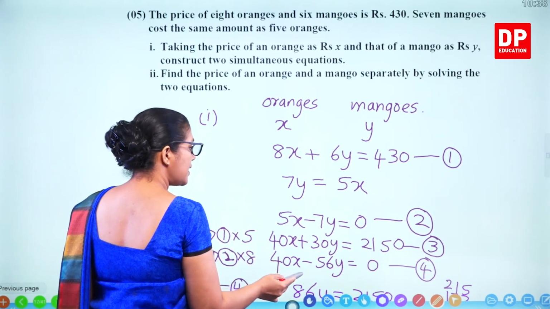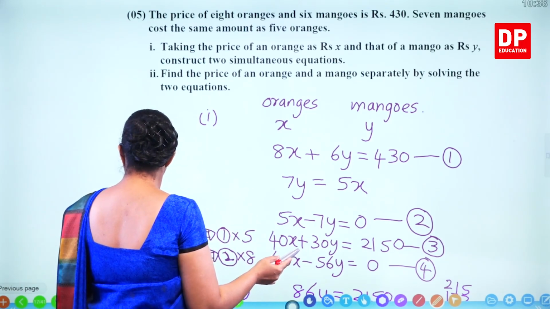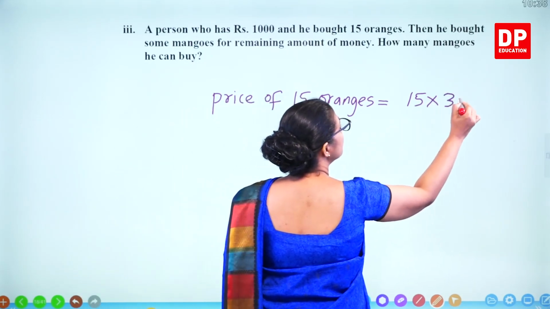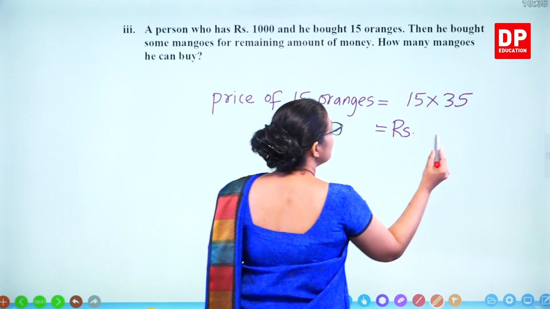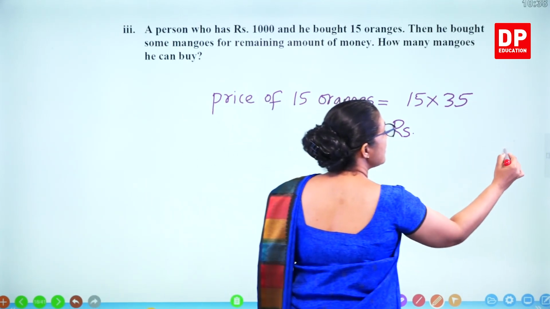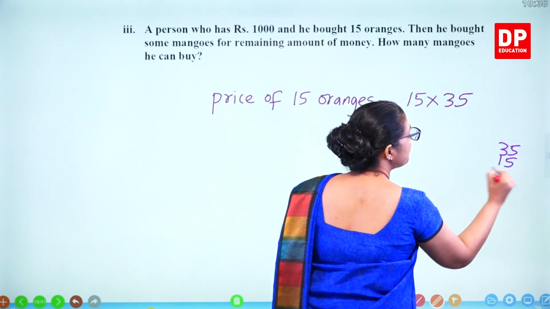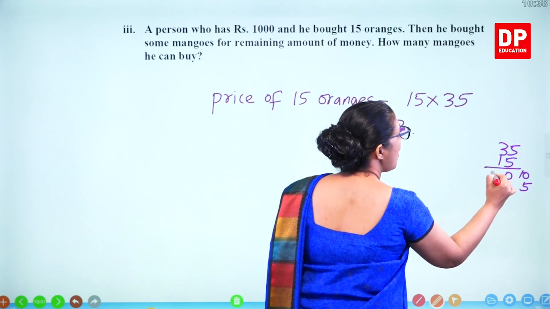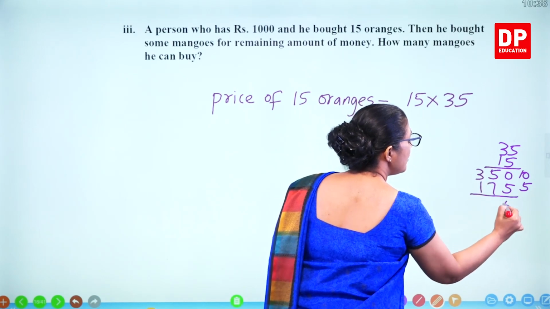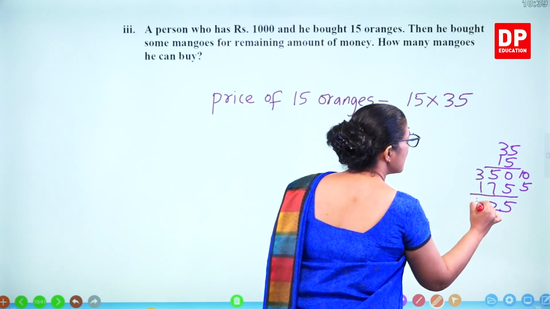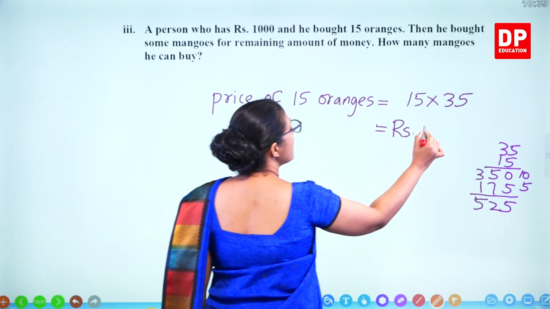X is 35, we found. We can do it separately here: 35 into 15, 10 and 5. And you get 525.